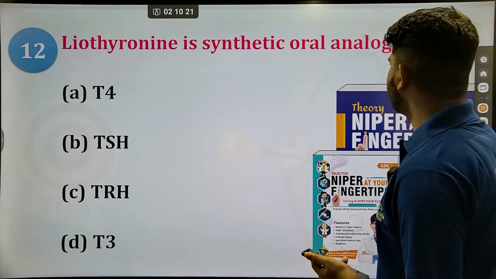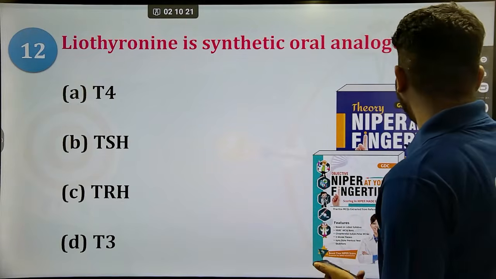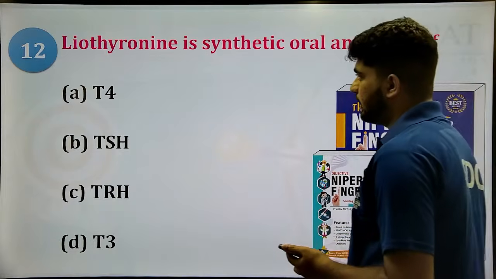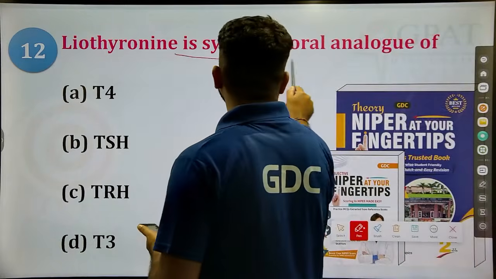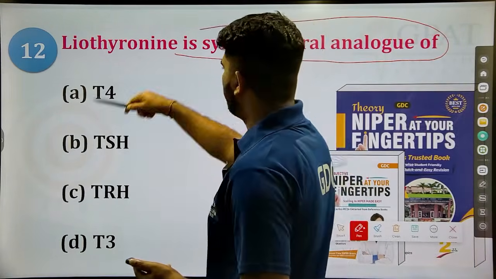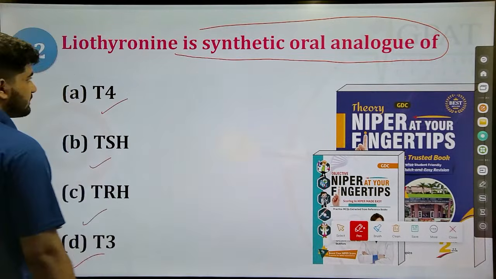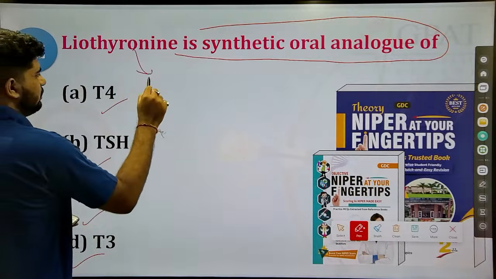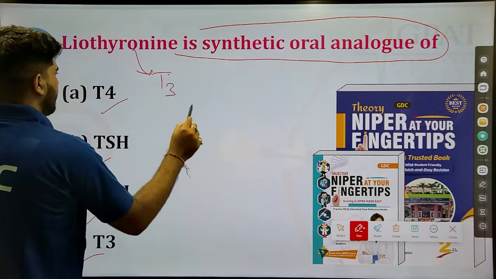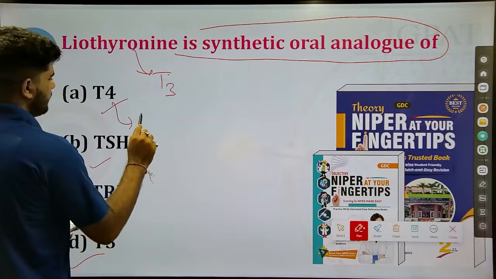Now, liothyronine is a synthetic oral analog of what? T4, TSH, TRH, or T3? Liothyronine is nothing but your T3. And what about T4? T4 is known as your thyroxine.